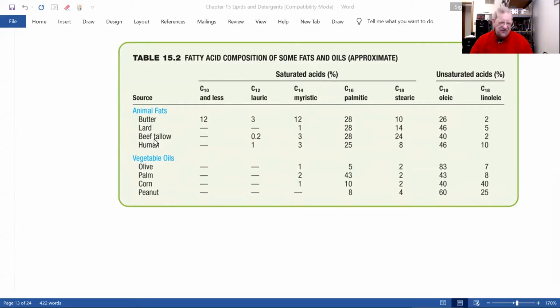Anybody who's worked in the industry knows there's no other type of tallow. If you notice lard, yellow grease, white grease, and tallow, here are the percent saturated acids and here's the unsaturated. If you look at yellow grease, white grease, lard, and tallow, it's roughly 50-50 saturated to unsaturated.